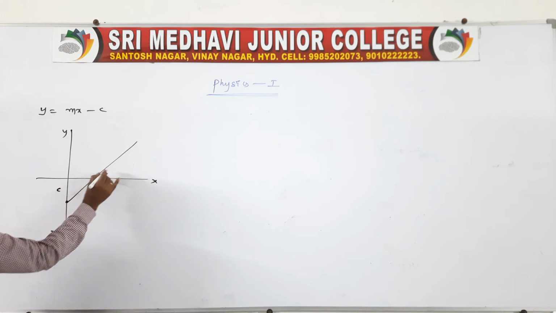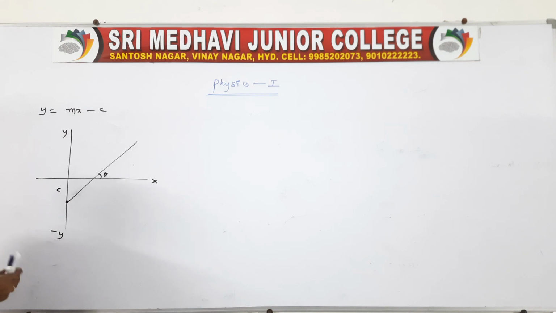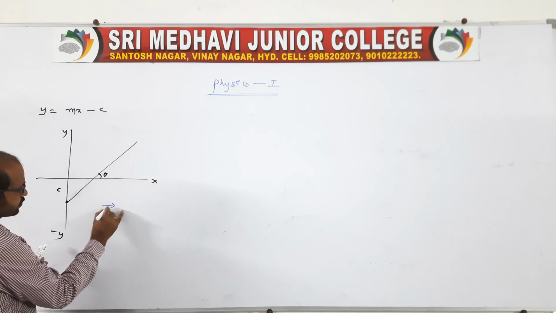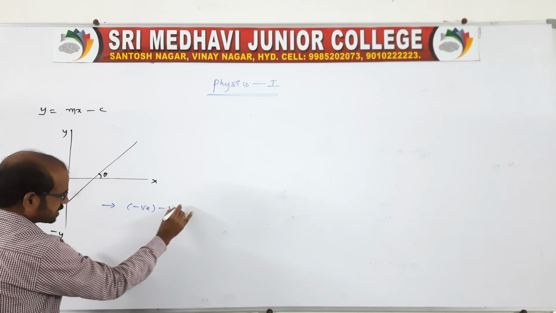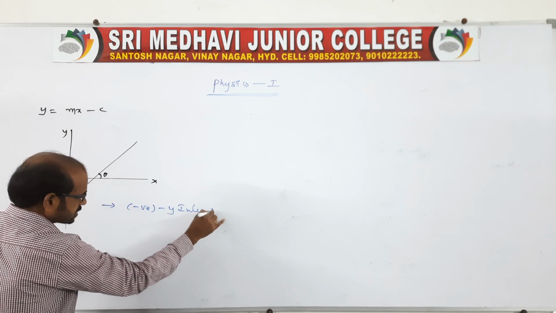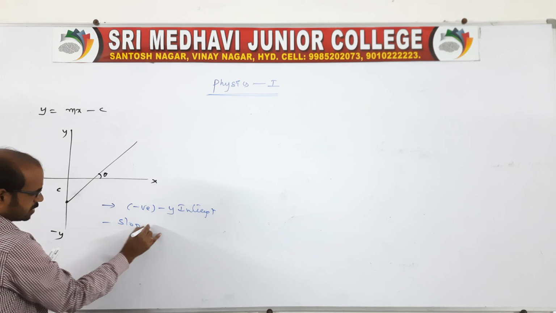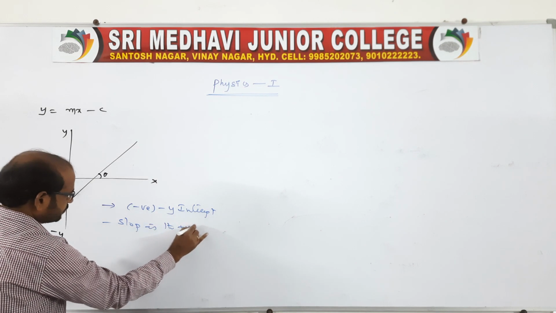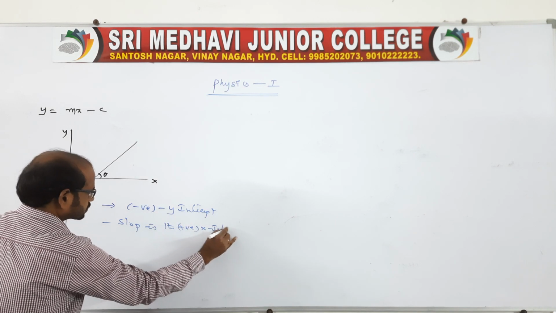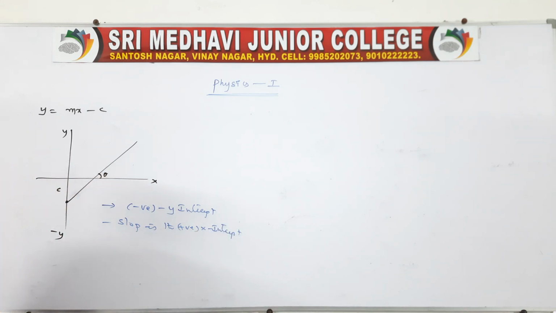So the slope is positive, with a positive x-intercept, and it has a negative y-intercept. So here we can write the conclusions: negative y-intercept, and the slope is positive with positive x-intercept. Like this, we have expressions for the graph related problems.